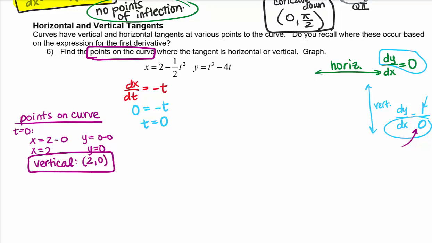So let's do the same thing for the horizontal. That's going to be my dy/dt, which we should be able to take fairly simplistically here if I don't make an error. And now when I solve this equal to 0, I'm looking at horizontal. Where is my tangent line horizontal?